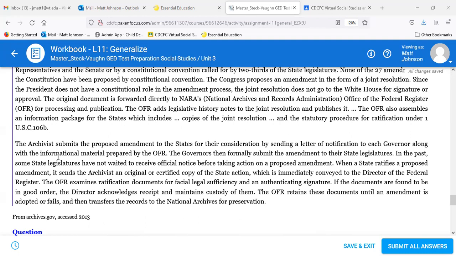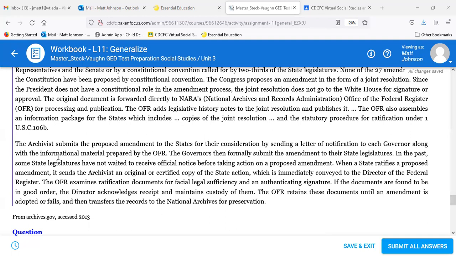The OFR examines ratification documents for facial legal sufficiency and an authenticating signature. If the documents are found to be in good order, the director acknowledges receipt and maintains custody of them.